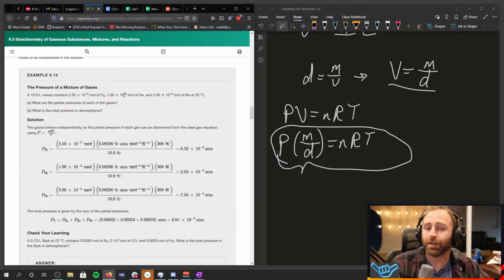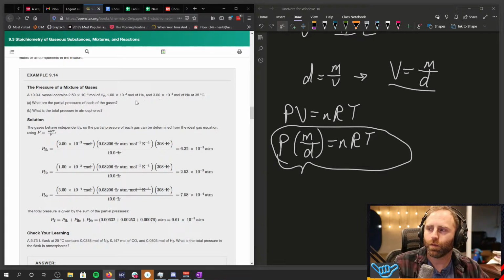Because they have to have the exact same volume because they're all in the exact same container. And if you think back to your thermochemistry, we talked a little bit about thermal equilibrium. Like all of your particles in the exact same container, given enough time, they're going to reach thermal equilibrium, meaning they're all going to have the same temperature. The average, same temperature.